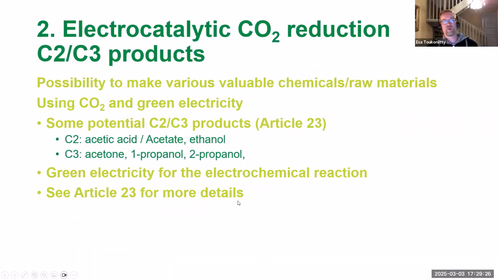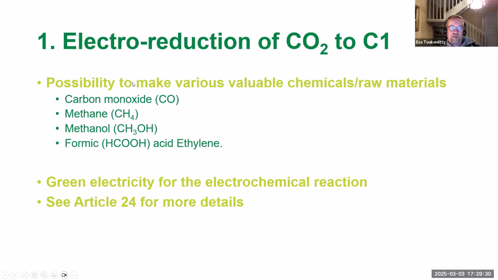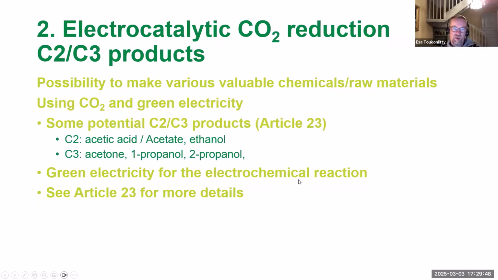The second alternative is electroreduction. Here you also see differences in the nomenclature. Although it only says electroreduction, it's basically catalytic electroreduction, because in all of those examples catalysts were described or involved.